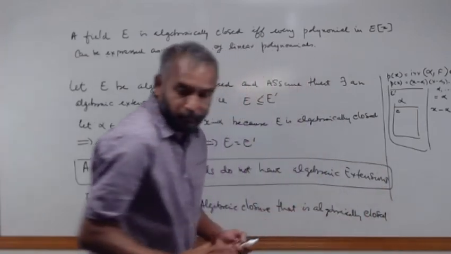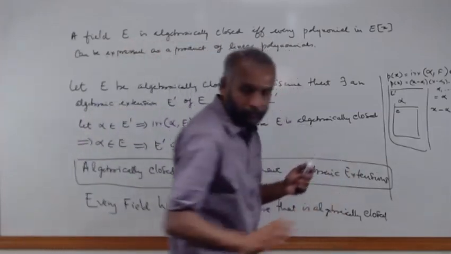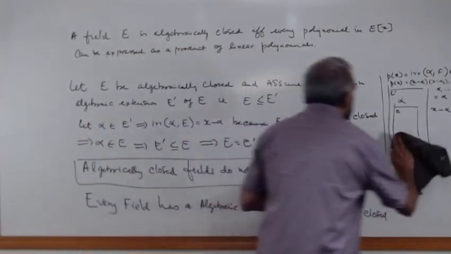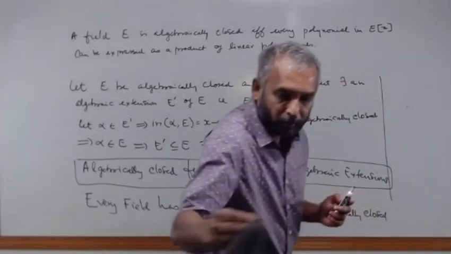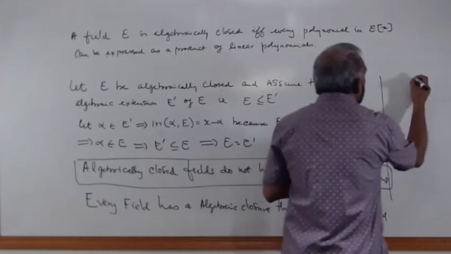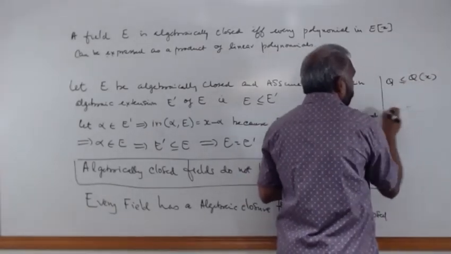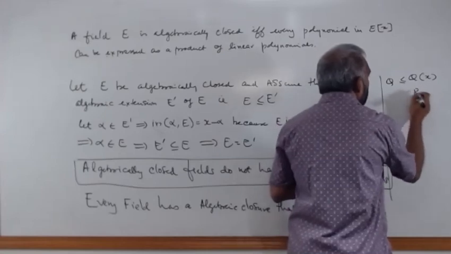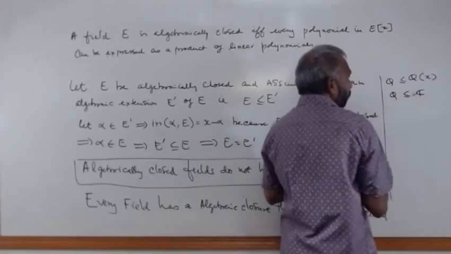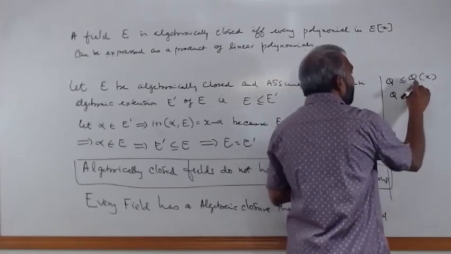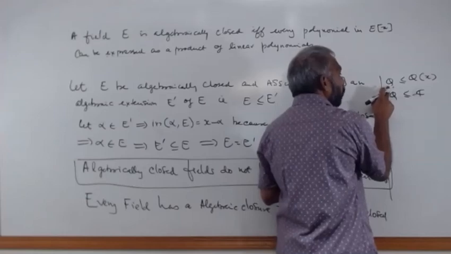For example, we know that Q of X is an extension of Q, and C is also an extension of Q. But for this extension, the algebraic closure is not algebraically closed.